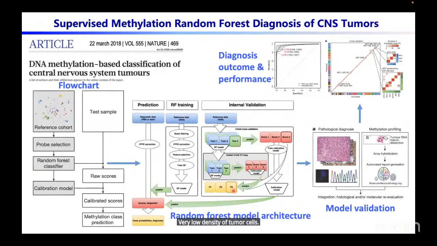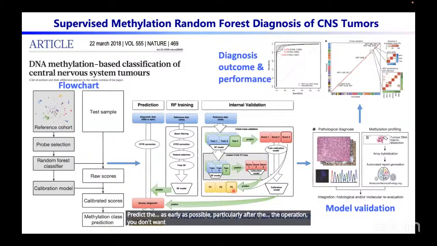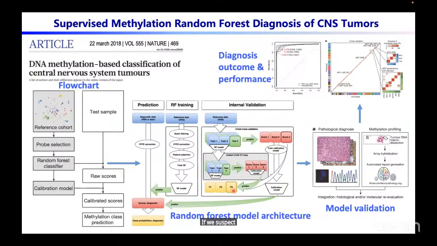And we prefer to predict as early as possible, particularly after an operation, because you don't want the redevelopment of the tumors. Or if we suspect that there's a brain tumor, we want to diagnose that as early as possible. So this is one of the approaches that people have tried, essentially using the methylation state.